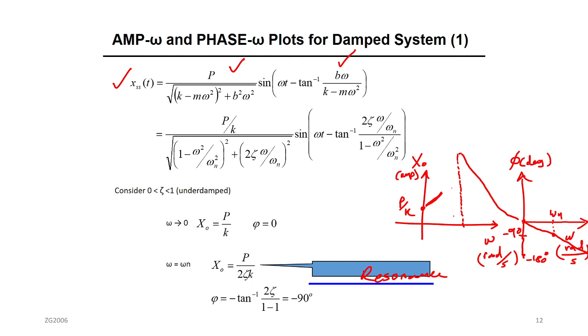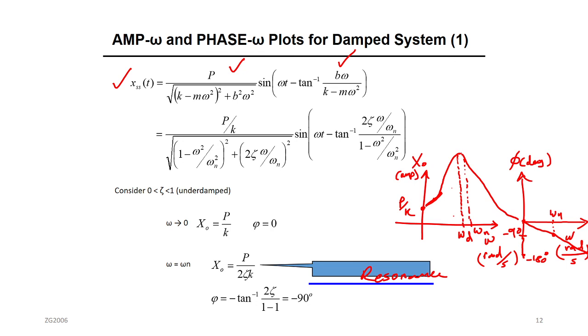You can prove that mathematically also. So if this is going this way, this should be omega d, and here after this a little bit, just a small difference, this is going to be omega n. This is omega n in the middle. But this one, no, because we have a damper.